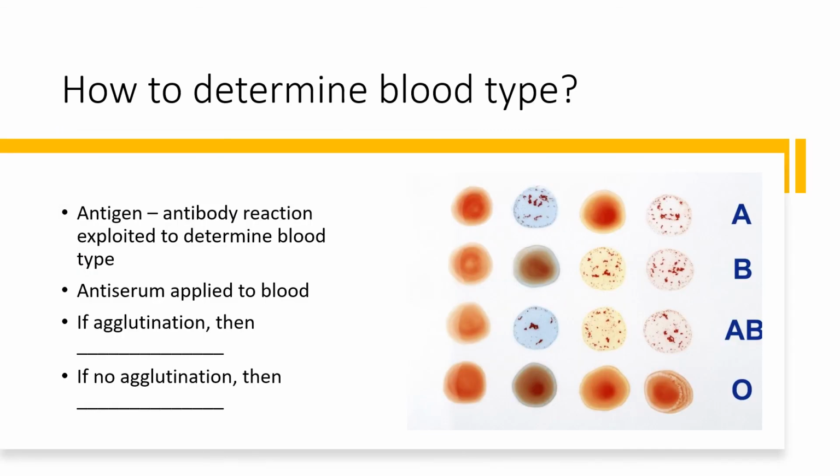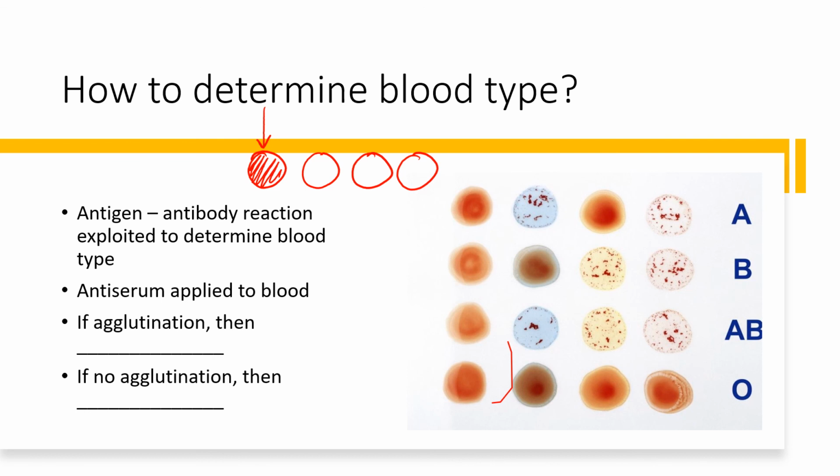The antigen-antibody reaction can be exploited to determine what mysterious blood type would be at the scene. So what you can basically do is put down the mysterious blood sample into a couple of wells. You'll have one that's a control.